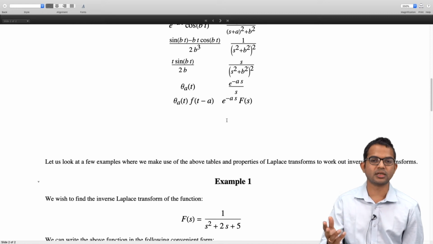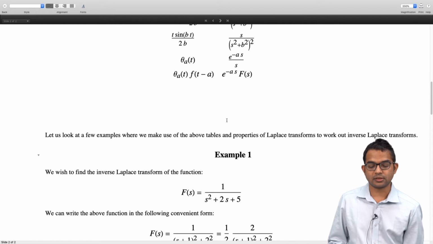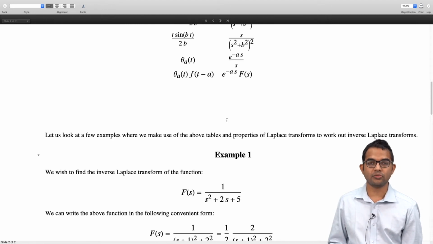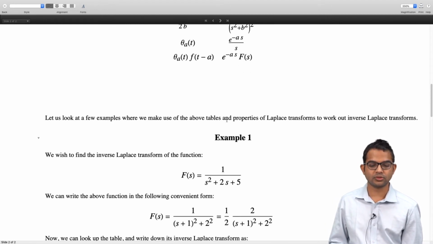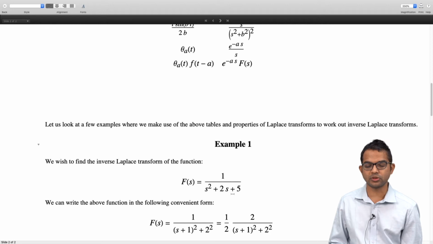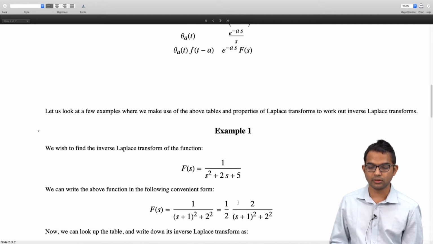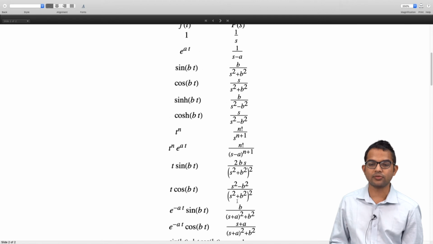So let's look at a few examples. This is best understood with the help of examples. So f of s, suppose it's given to be this kind of a quadratic form, 1 over a quadratic form. You must massage it into one of the forms here. We immediately see that you can write this s squared plus 2s plus 5 as s plus 1 the whole squared plus 2 squared in the denominator, and then you might as well write it as 1 over 2 times 2 divided by s plus 1 the whole squared plus 2 squared, to directly mimic a standard form here.